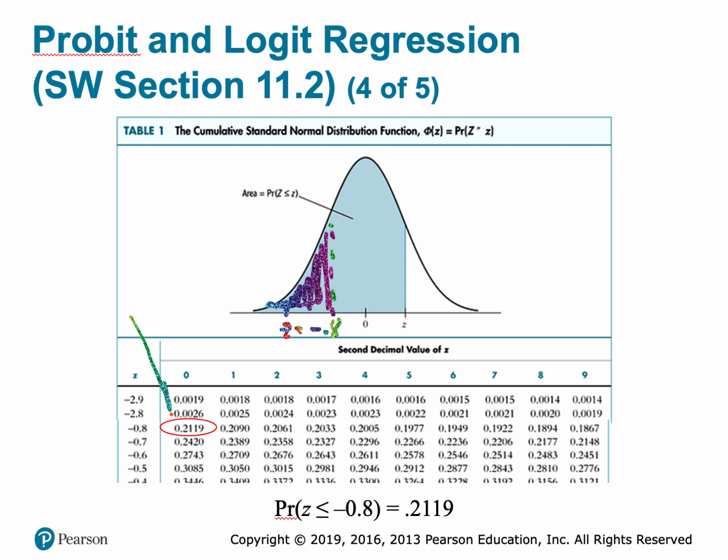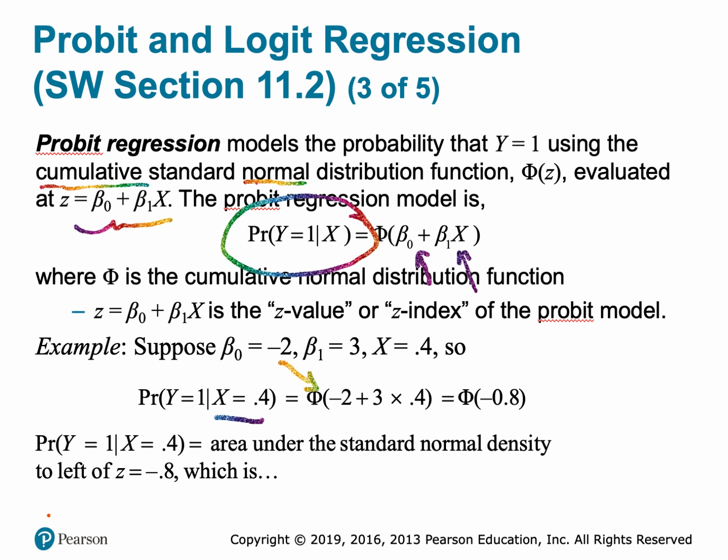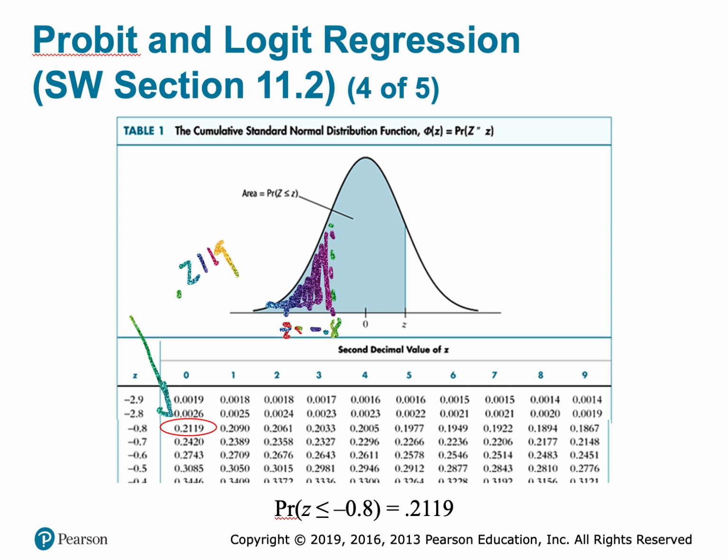The probability is 0.2119. So the probit model fit this function using the coefficients beta naught equal to negative 2 and beta 1 equal to 3, where x is equal to 0.4, and we found that the probability that y equals 1 given x equals 0.4 is 21.19%.